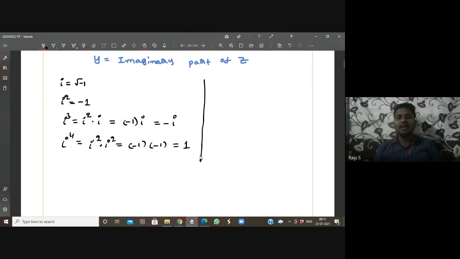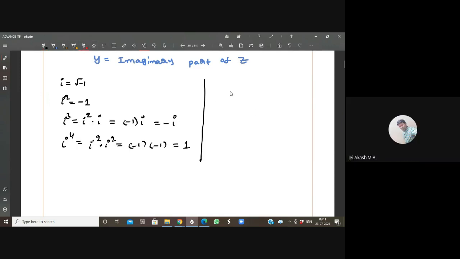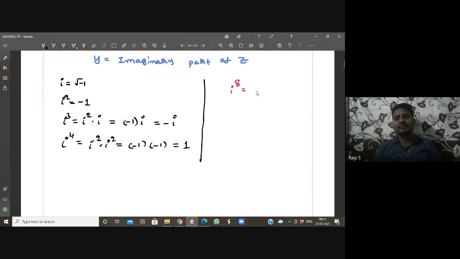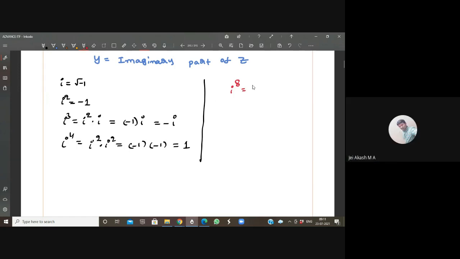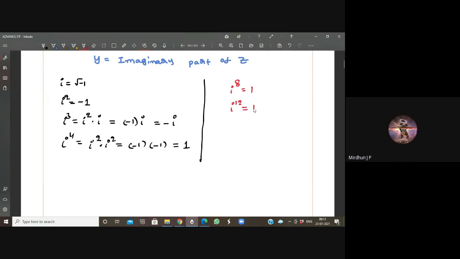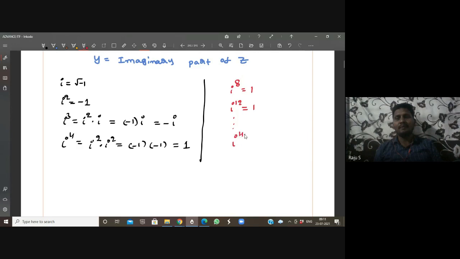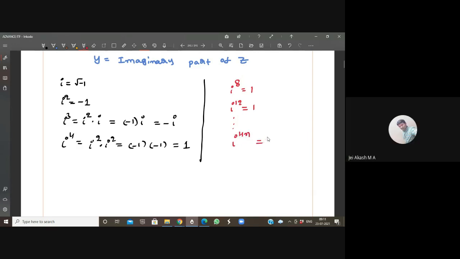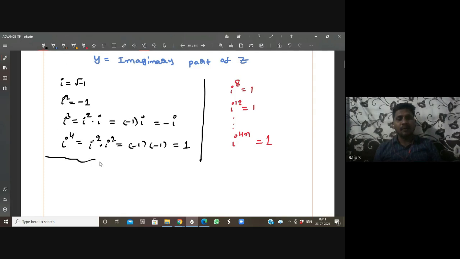In the same way, what is iota power 8? 1. Iota power 12? 1. So on, iota power 4n is 1.